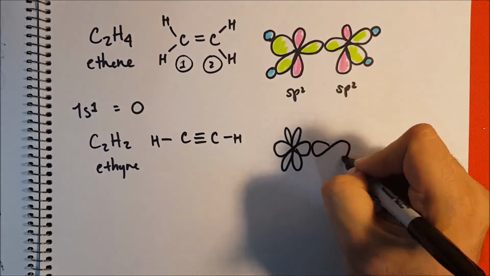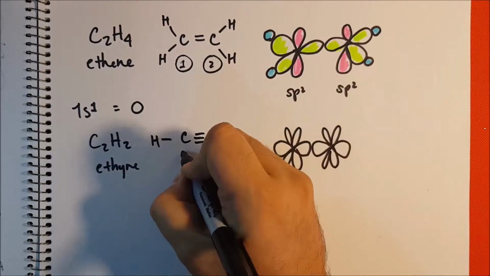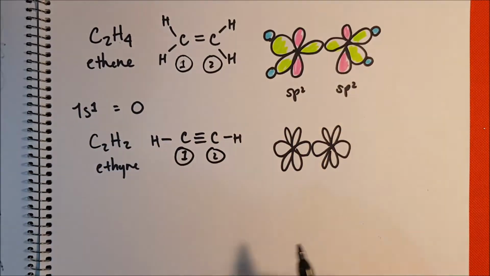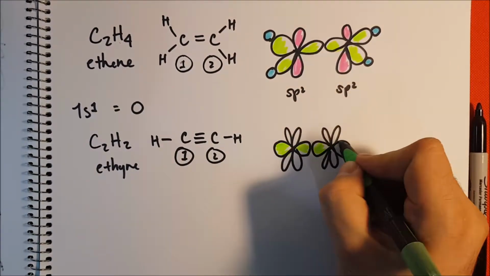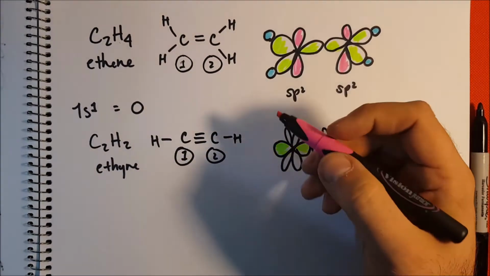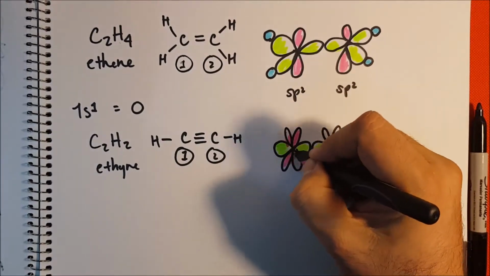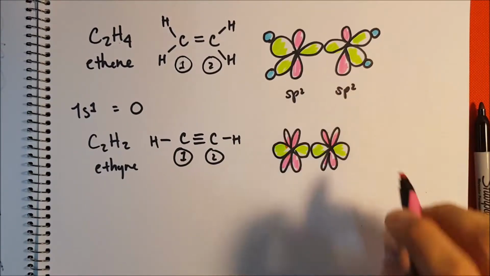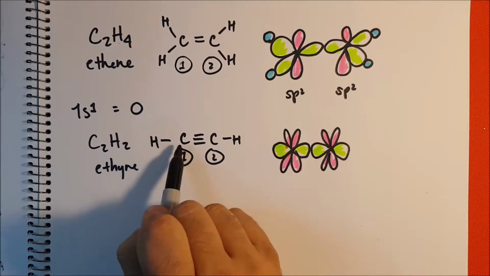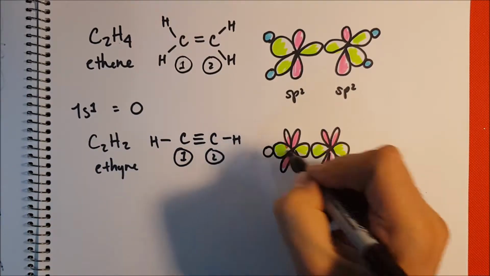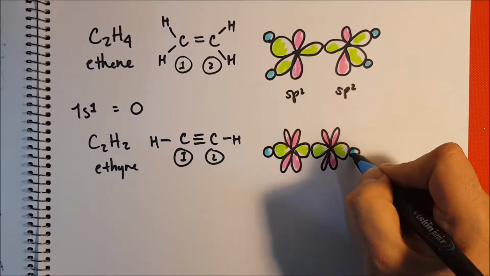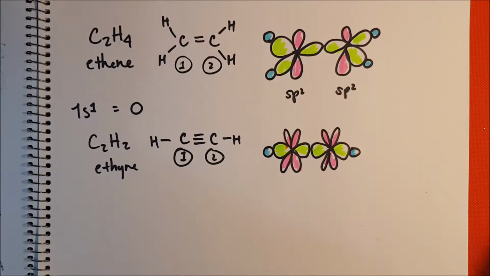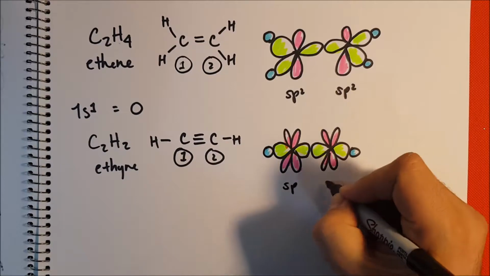Then I'm going to draw the exact same shape to represent the other carbon, carbon number 2. And I shade my hybrids in green so that I don't lose my order and that I know what I'm looking at. And again, the pink is unhybridized p orbitals. And then we're missing the hydrogen here on the sides, which we're going to represent with blue spheres representing that unhybridized s orbital. And here we have 2 sp atoms.